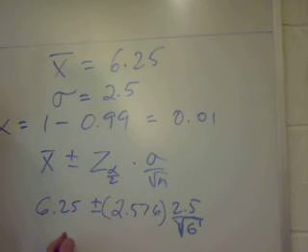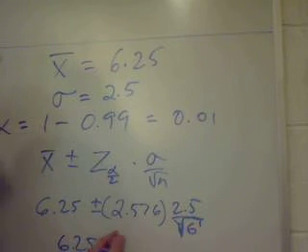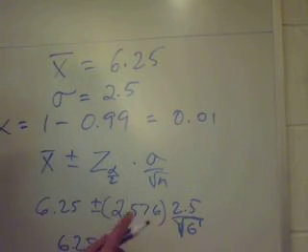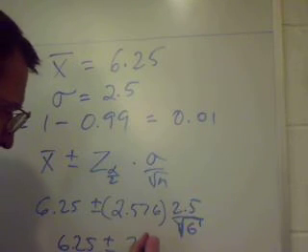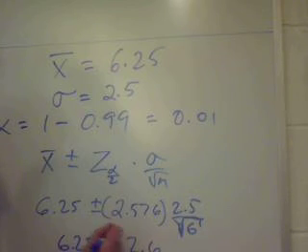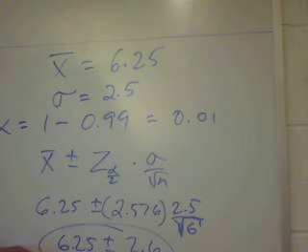And if you do this out, you get 6.25 plus or minus 2.62. We call it 2.6. All right, so that's your answer. The lower limit, 6.25 minus 2.6.